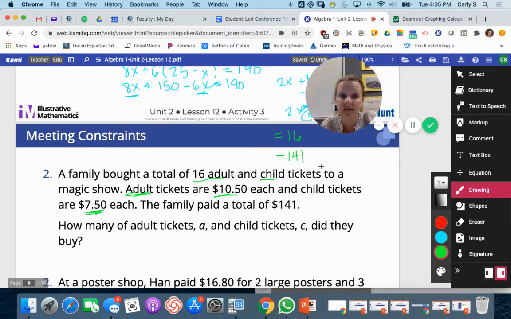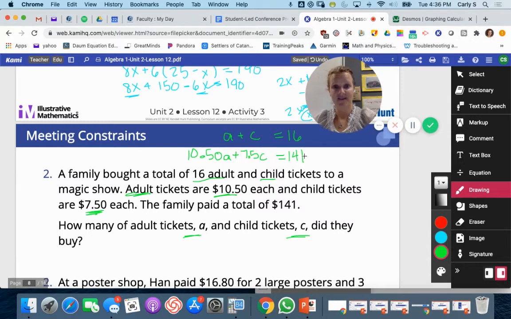So I already have an equation set up for the number of tickets, and I have an equation set up for the amount of money. So adult tickets are A and child tickets are C. So I know A plus C equals 16, and then $10.50 A plus $7.50 C equals $141. So I have 2 equations and 2 unknowns.